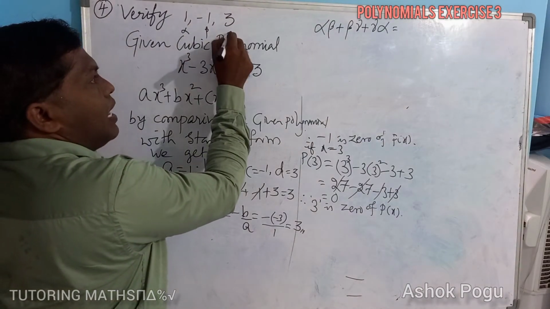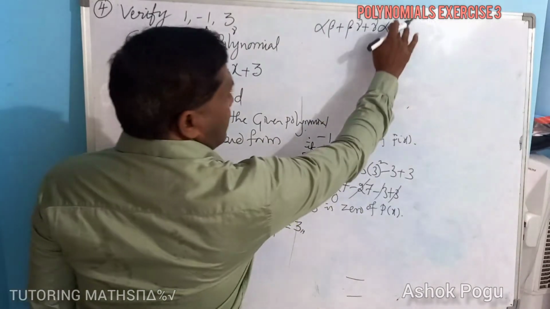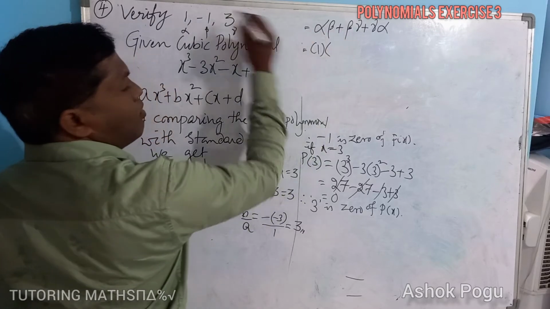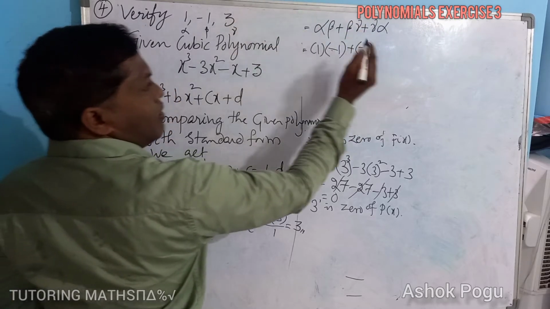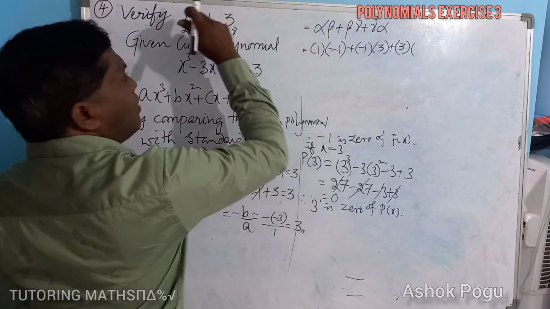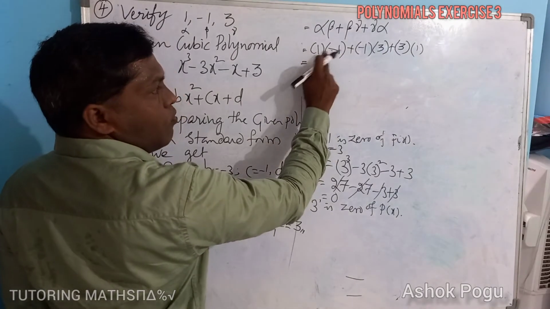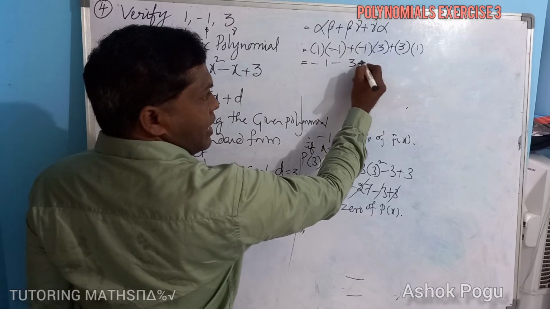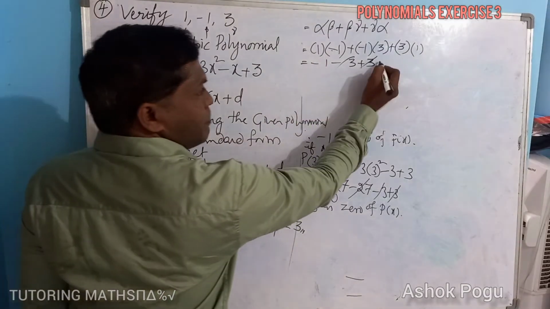Alpha 1 into beta minus 1 plus beta minus 1 into gamma 3 plus gamma 3 into alpha 1. To simplify, plus into minus, 1 into 1 is minus 1, minus into plus, minus 1 3s are minus 3, and 3 1s are 3. Plus 3 minus 3 gets cancelled, and the result is minus 1.